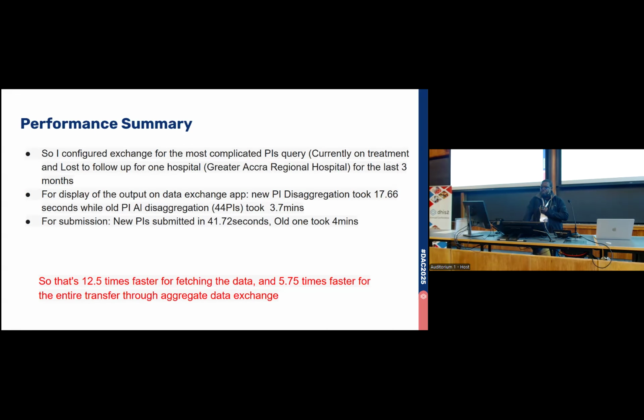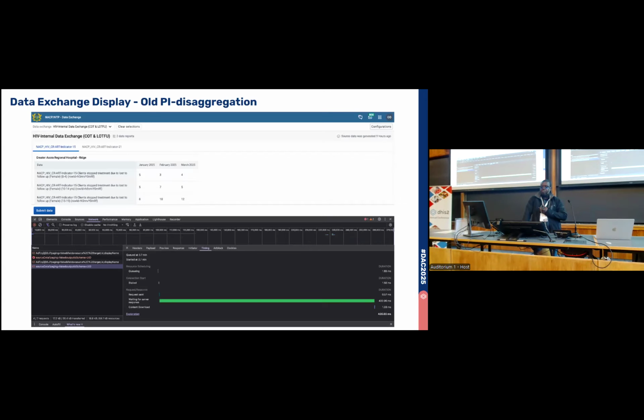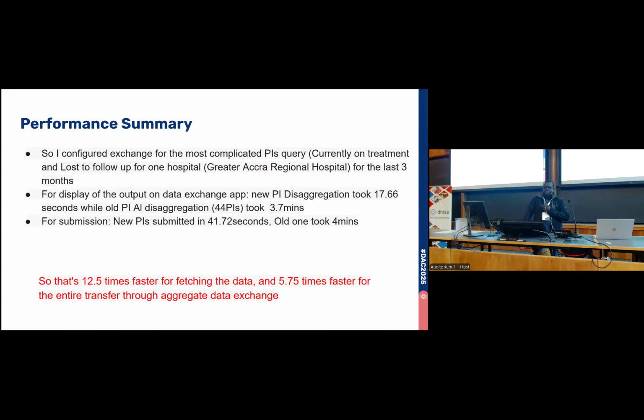For the old one, it took us about 3.7 minutes to have it displayed this way. And this display included 44 program indicators because these are 2 base indicators, each of them having 22 disaggregations. So this took us 3.7 minutes to display against 17.66 seconds in the new program indicator disaggregation.